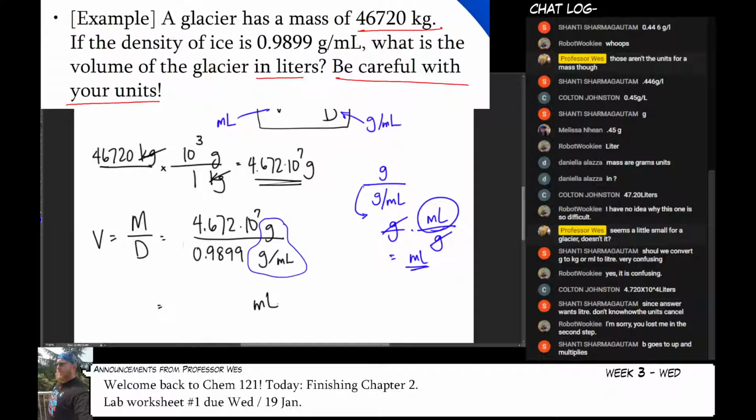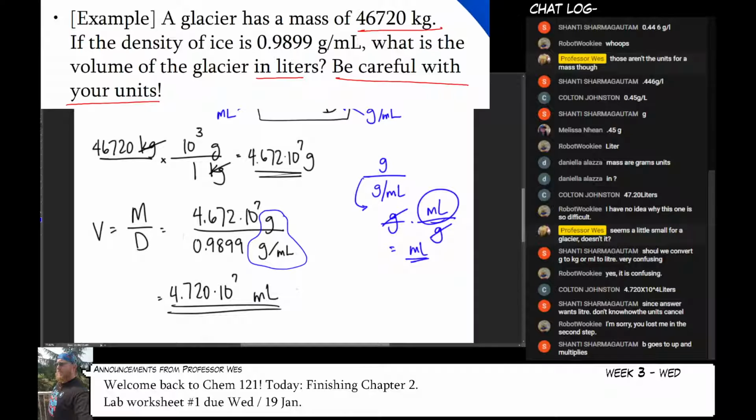So the volume of the glacier is going to be 4.672 times 10 to the 7 divided by 0.9899, and what I get is 4.720 times 10 to the 7 milliliters. So that's the volume of my glacier in milliliters.